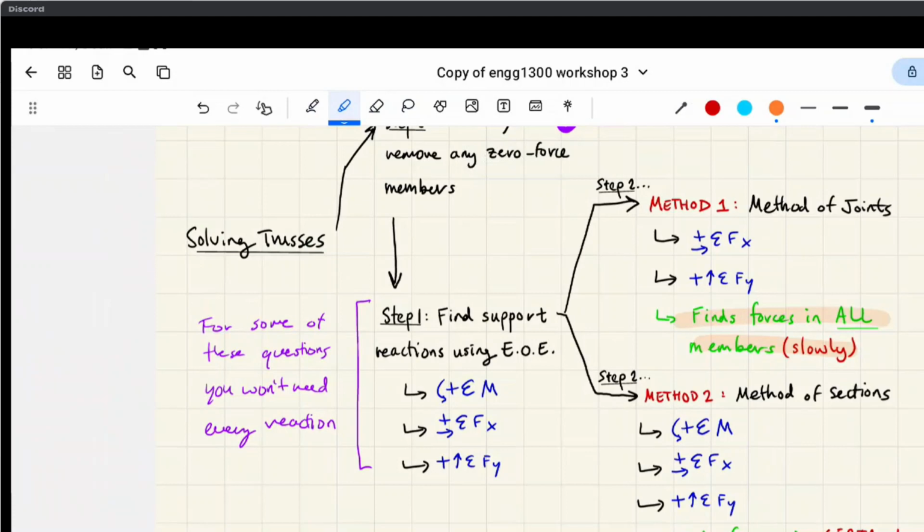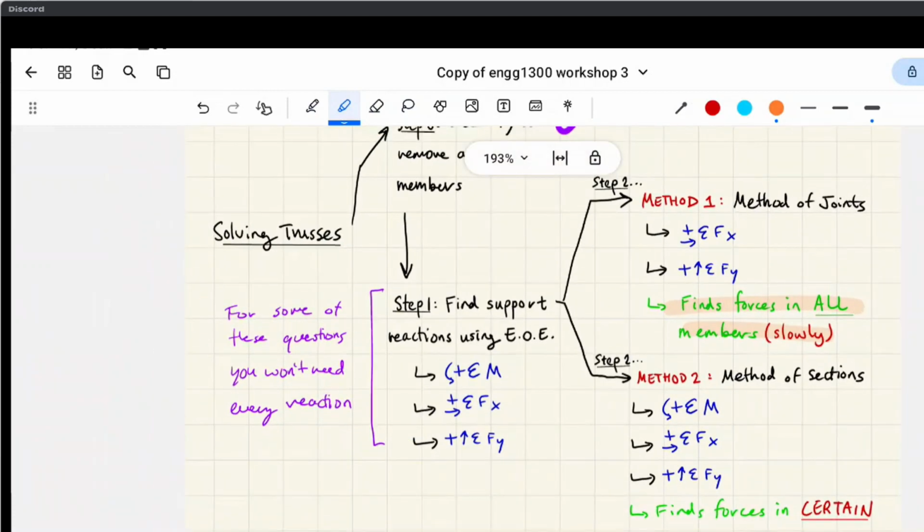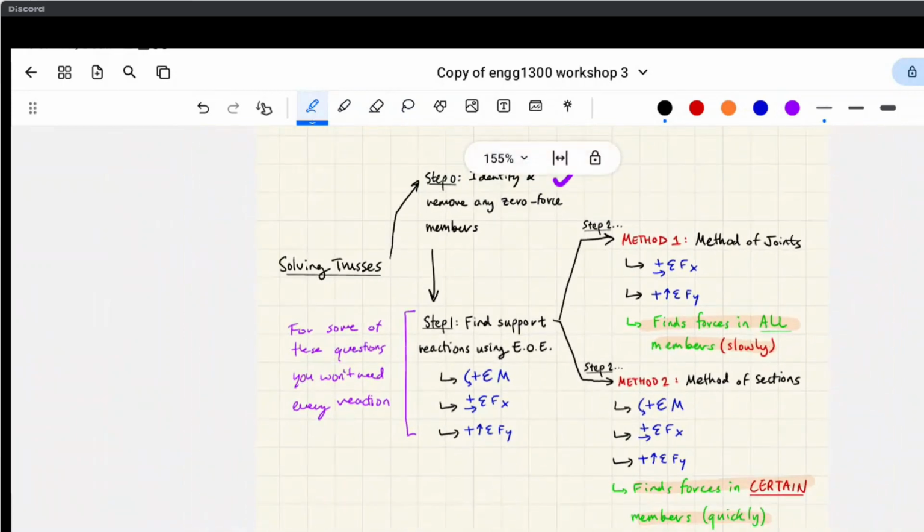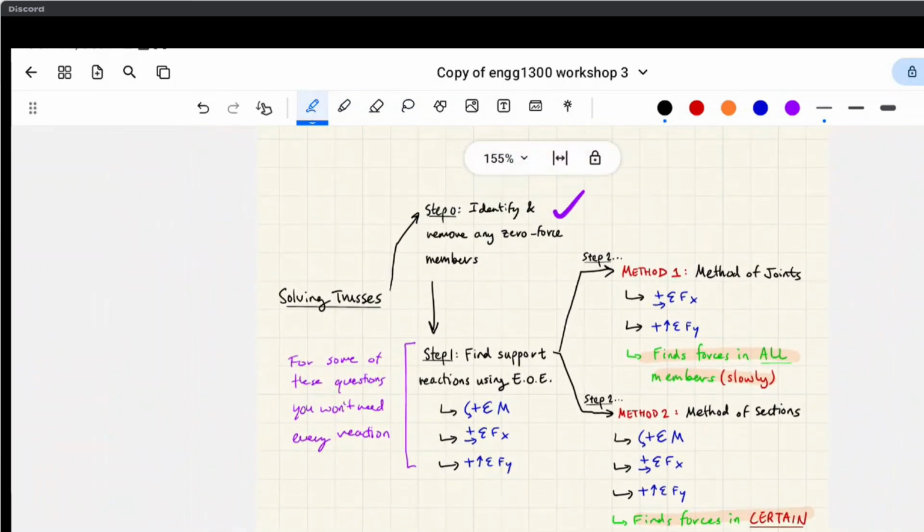The other one is the method of sections, where you want to find certain members, and it's actually quicker, because you just draw a free body diagram of a section, and you're only interested in say 1, 2, or 3 members. You do your cut, and you'll be able to solve for them. There are a lot of nuances to both methods, so the best thing to do is dive in and do some questions so you can see them.